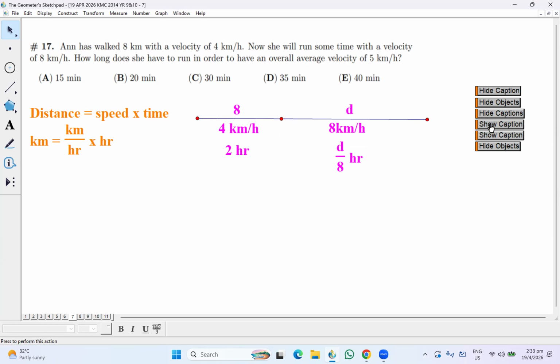So total distance is average speed times total time. Speed times time. So 5 times 2 is 10.